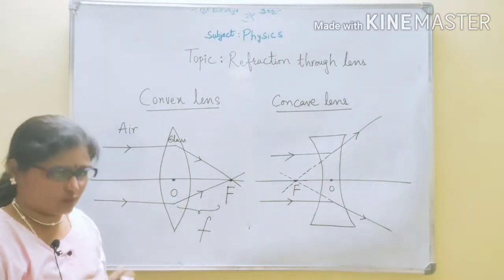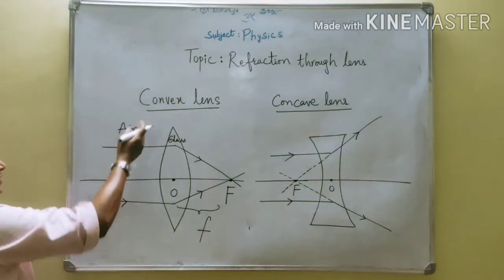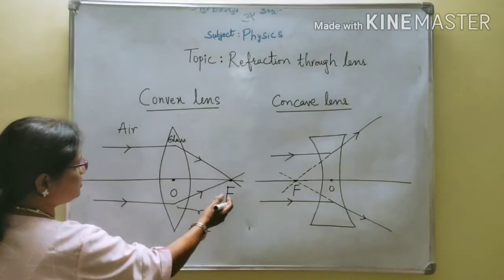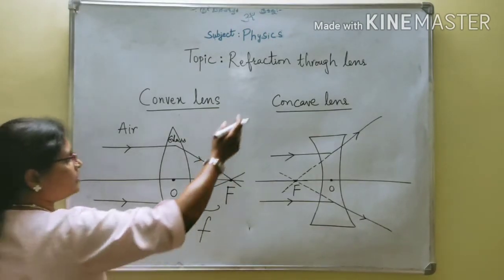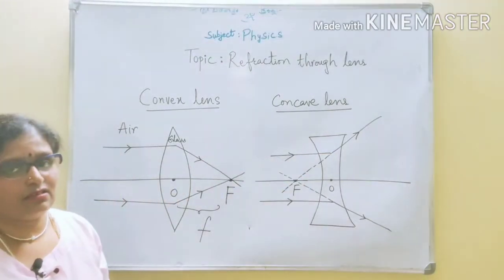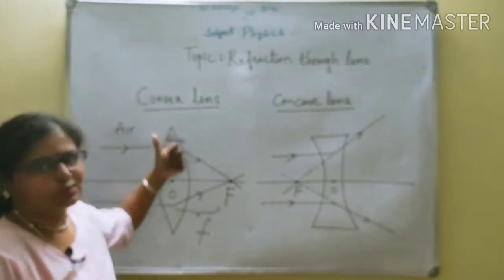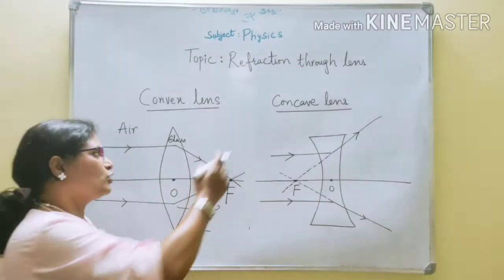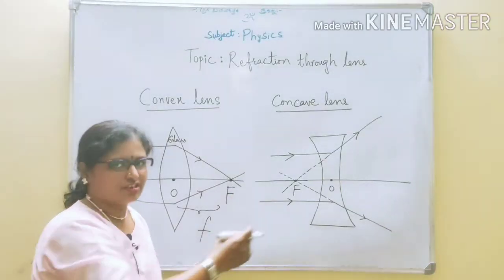So basically it is very clear. In the convex lens, the rays actually meet at the focus and in the concave lens, the rays appear to meet at the focus. This is the reason convex lens is also called a converging lens and concave lens is called a diverging lens.